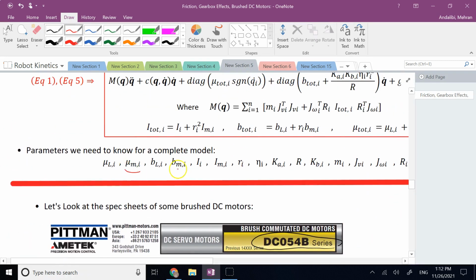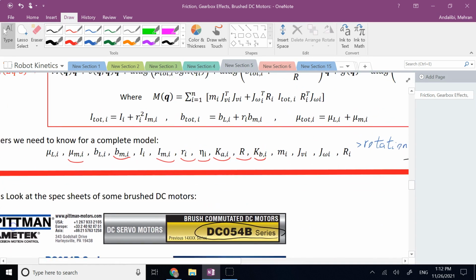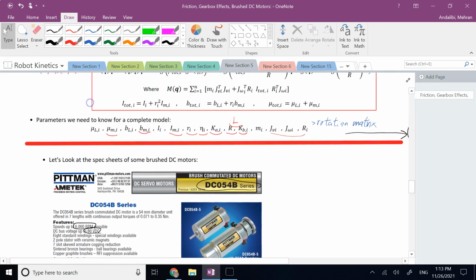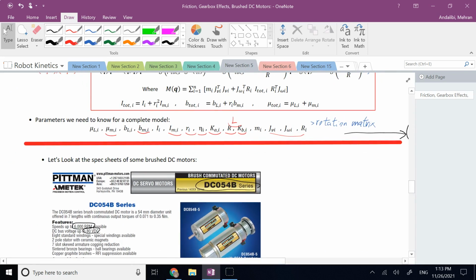It gave you this one, it gave you b, it gave you I, it gave you R, eta, Ka, Kb, and L. It gave you everything literally that you wanted for the motor. And once you know the data from the robot and the links, which is M, I, B, and mu, and these are also coming from your robot geometry, then you can definitely simulate the motion of this system entirely.